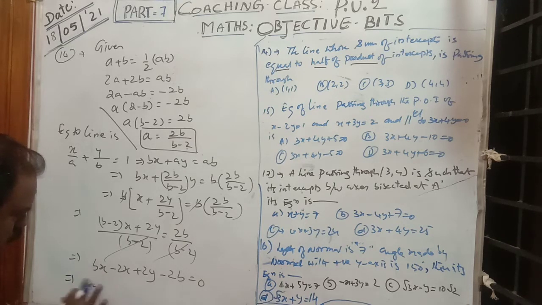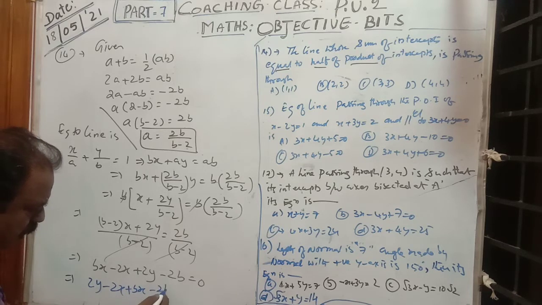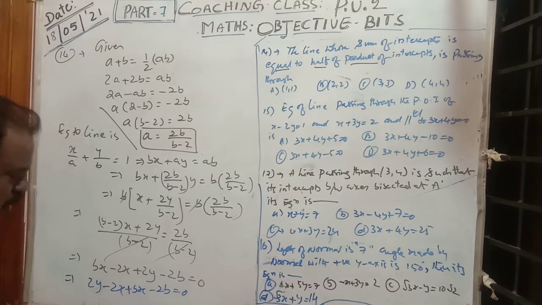I will write it as 2y minus 2x, the first term always to make it positive, then plus Bx minus 2B.